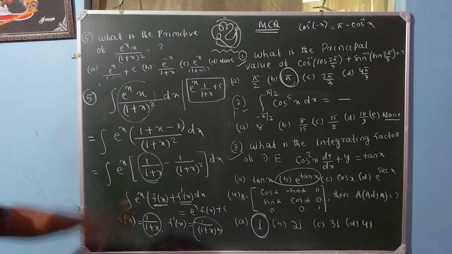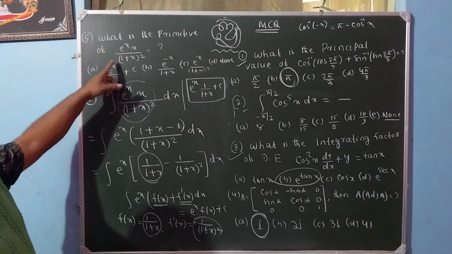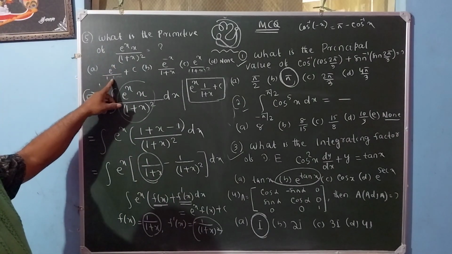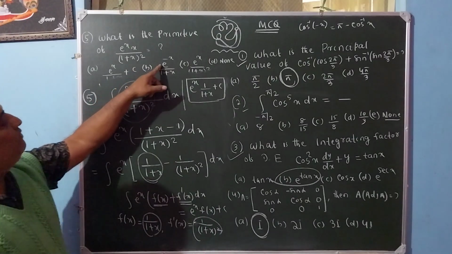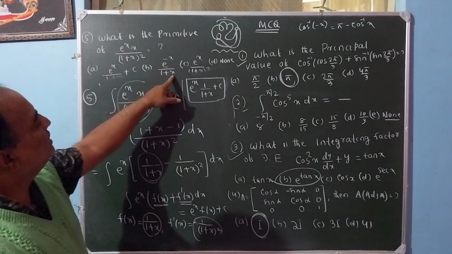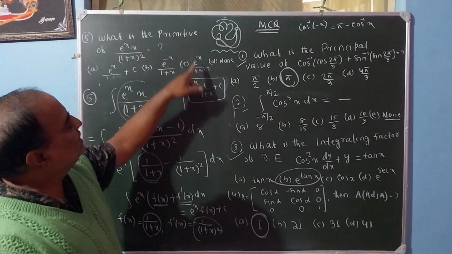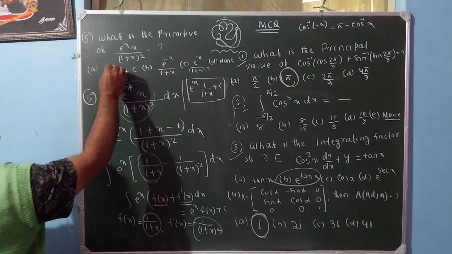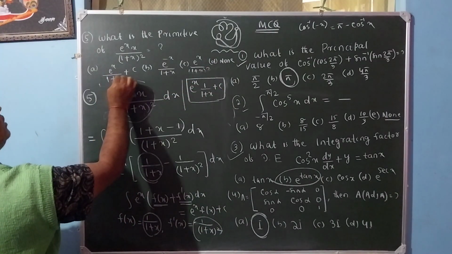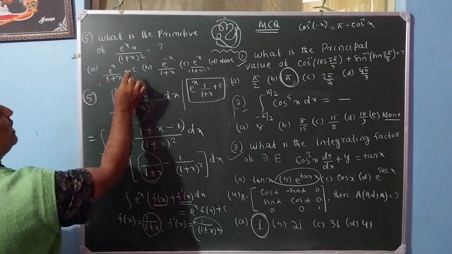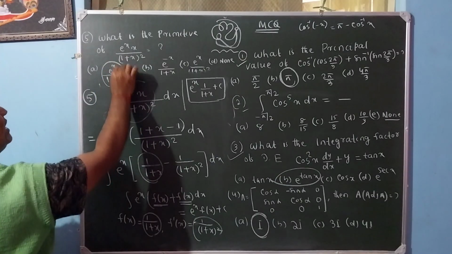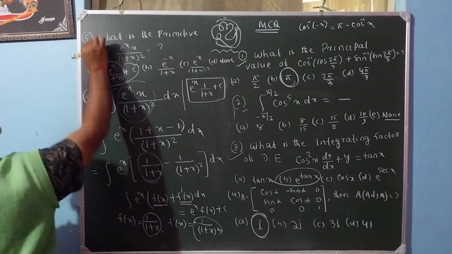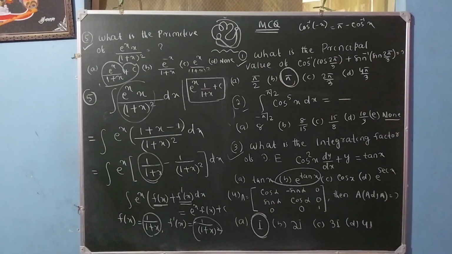In the options, none of the others match, so the correct answer is e to the power x divided by 1 plus x. This is the correct answer of this question.